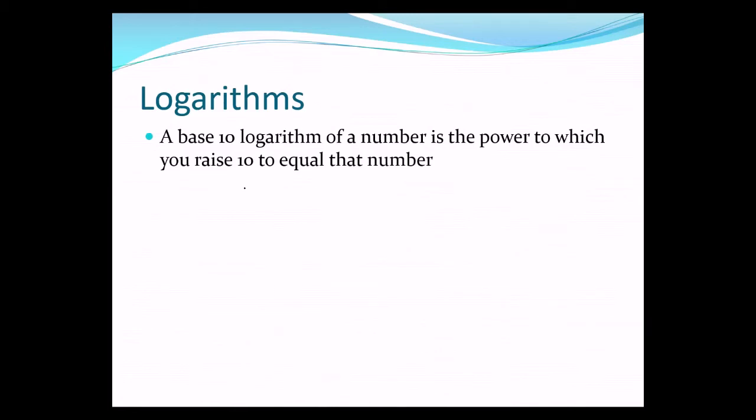10 to the 1 just means 10. So if I type into my calculator log of 10, it'll give me 1. That exponent is what the log tells you. If I say 10 to the 2, which is 10 times 10, that's 100.